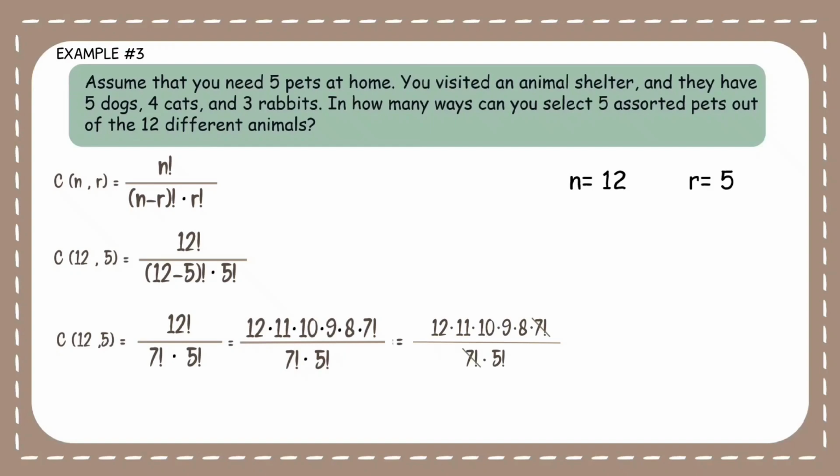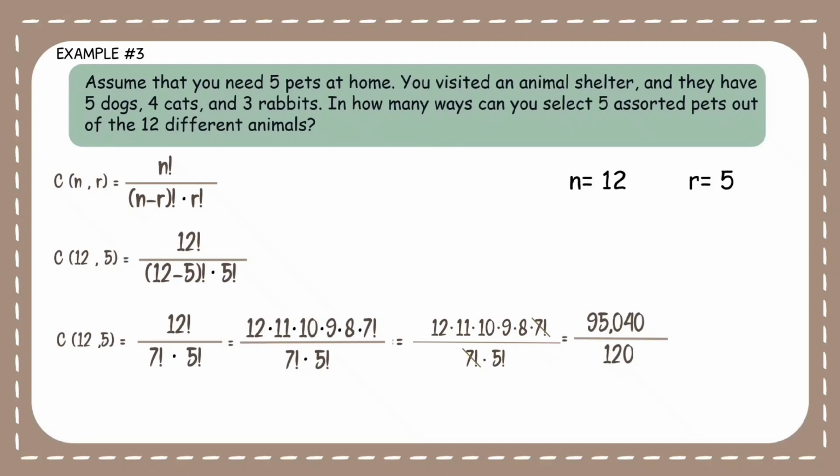We know that 5 factorial is equal to 5 times 4 times 3 times 2 times 1. By getting the product of the factors of the numerator and the denominator, we have 12 times 11 times 10 times 9 times 8 is equal to 95,040.